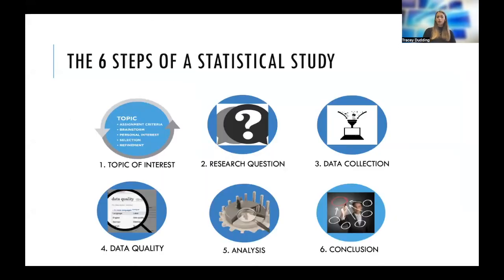So let's review really quickly. The goal of this lecture is to understand all 6 steps of a statistical study, and that includes identifying what you're interested in and then forming a research question based on that area of interest. And then you'll have to collect the data, and you have to understand that a data engineer is going to be helping you do this, but you also need to understand what they're doing for you.